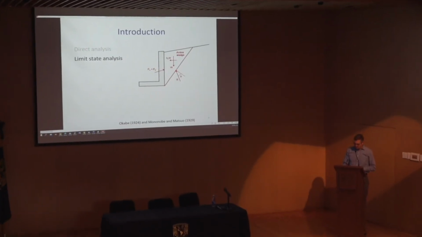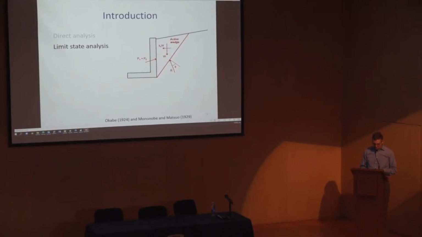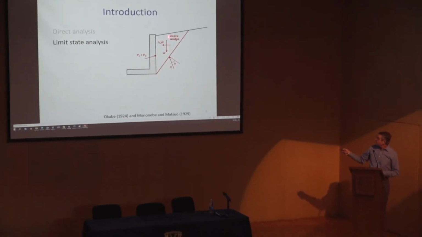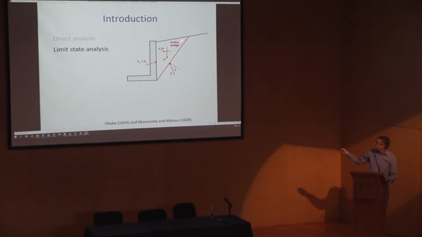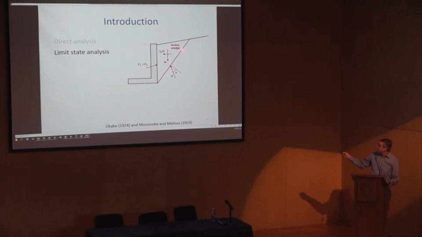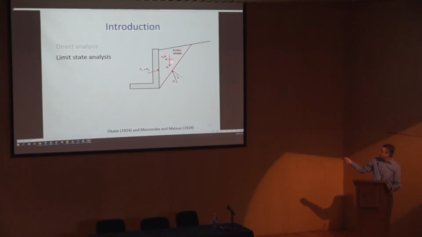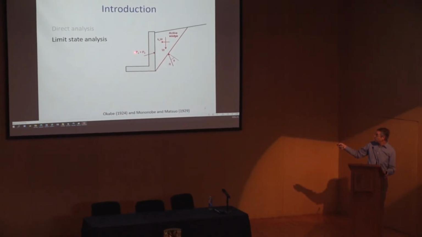What's mostly done is these so-called limit state analyses, and I'm going to try to explain them here. So this is the wall, this is the retained soil, and in the limit state analyses, you have an active wedge that's assumed behind the wall. When there's no earthquake, this kh would be 0. You would just have the weight of the wedge, the reaction force, and the active earth pressure resultant.